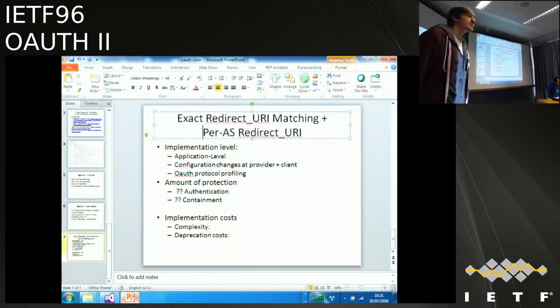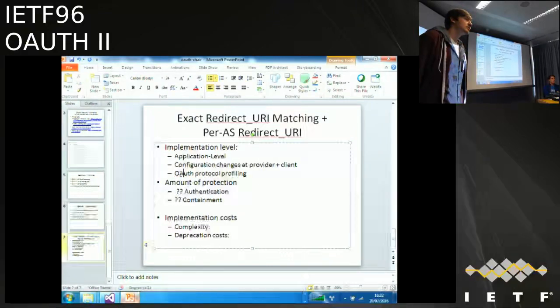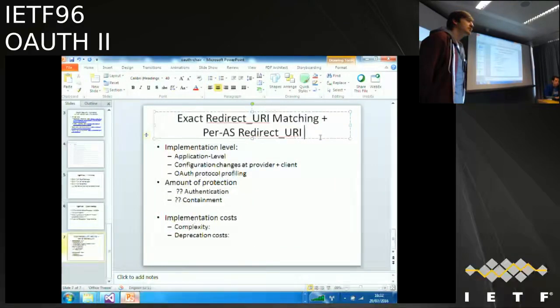It was about exact redirect URI matching on the server, and that URI had to be a per AS redirect URI, and that redirect URI had to be saved in session and compared, so that you can check that it wasn't tainted. If you don't check the session, it's an even bigger security hole.